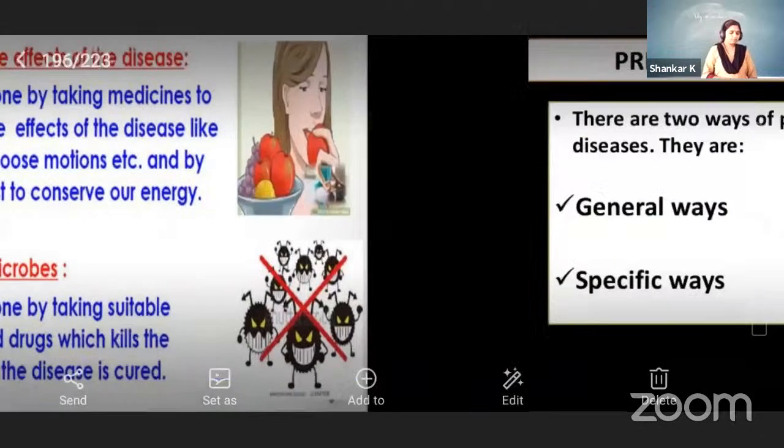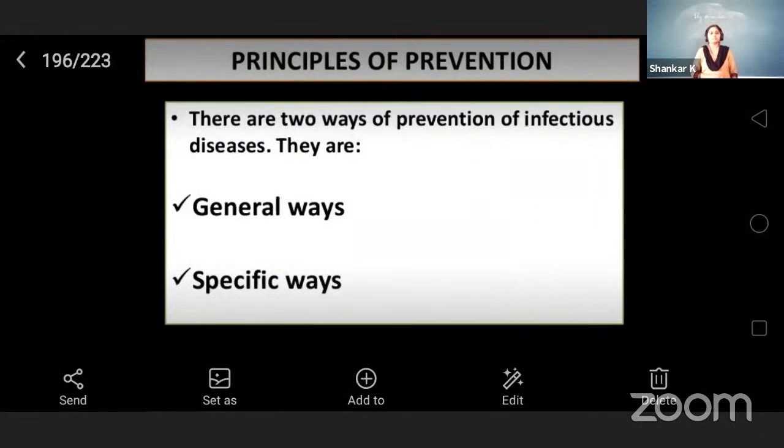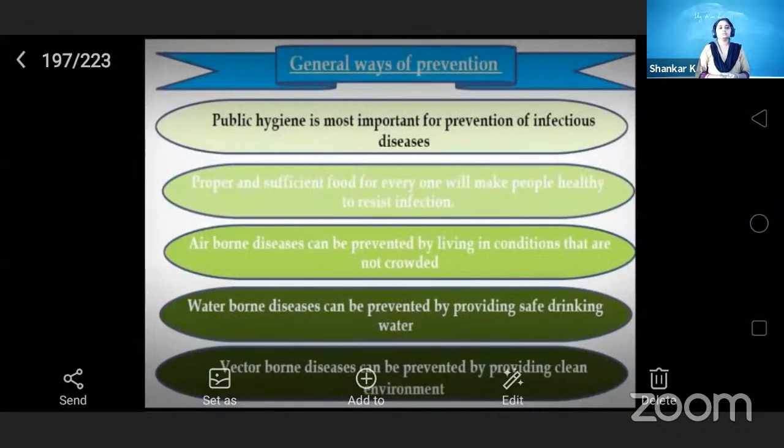Next, principles of prevention, how we can prevent these diseases. You know that most of the people suffer from diseases like common cold, fever, cough. These depend on our cleanliness and our surroundings also. So here there are general ways and specific ways. What are the general ways of preventing diseases? The first one is public hygiene.